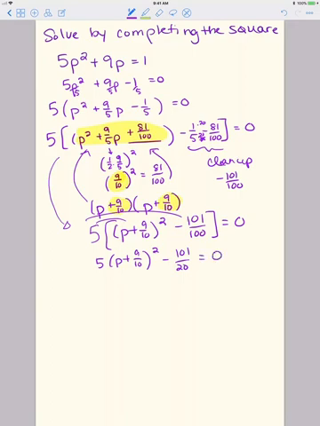Then solve for p. Again, you have to become extremely comfortable with fractions through this whole process. So I'll add over the fraction. I get 5 times p plus 9/10 squared equals positive 101 over 20. I have to get rid of this 5. So it's being multiplied, and I could divide it, but I already have a fraction.